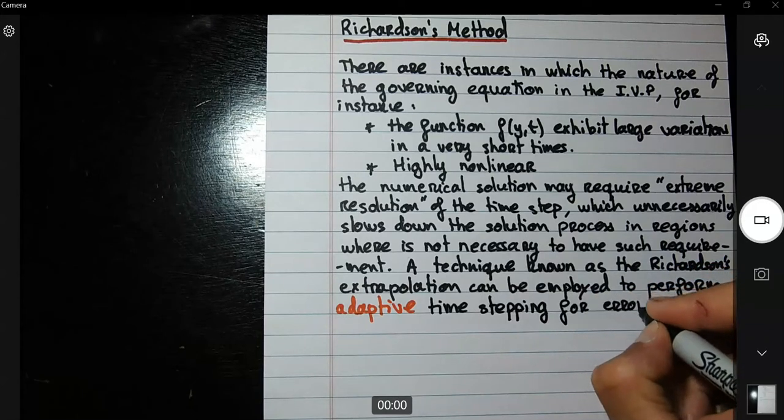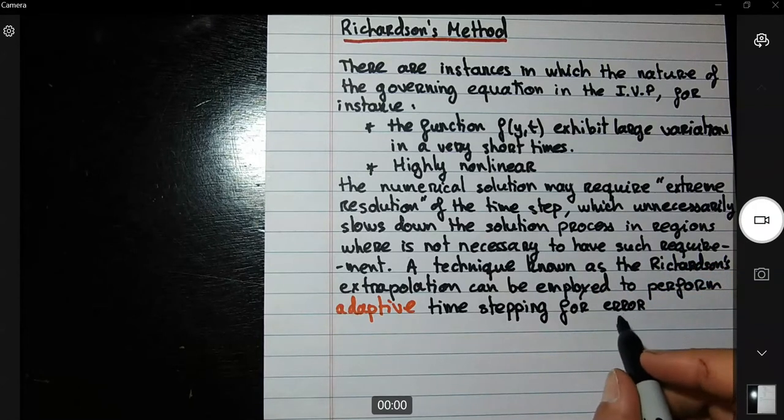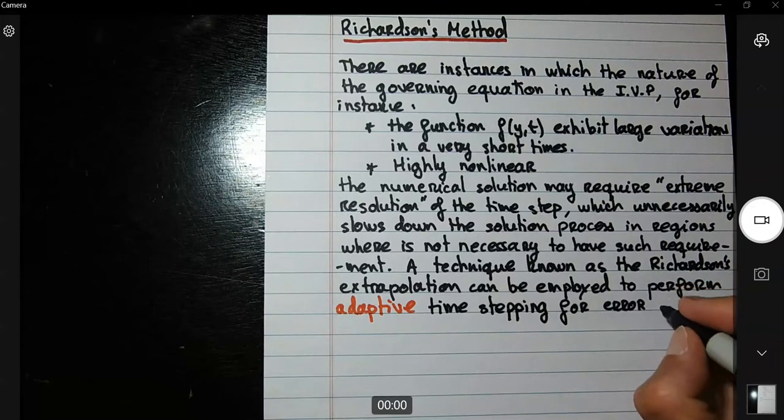So basically your time stepping needs to be based on something, and what it will be based on is error control.